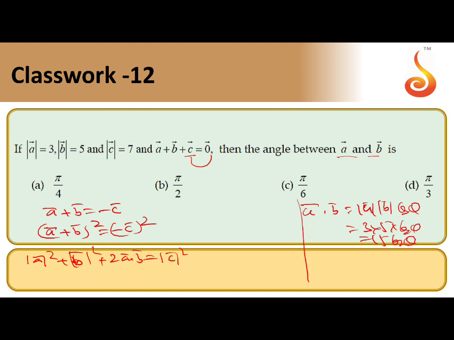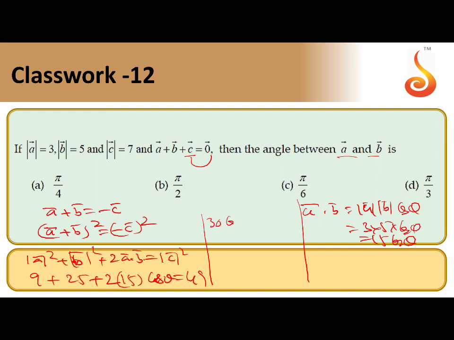So now you can substitute this here. Modulus A square means 9 plus 25 plus 2 into A dot B, which is 15 cos theta, equal to modulus C square, 49. So understand this one. After simplification, 9 plus 25 is 34. Bring 34 to this side.